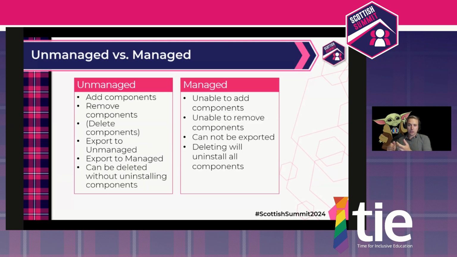We can export the unmanaged solution both as managed and unmanaged. And if the unmanaged solution is deleted, the underlying or containing components will not be uninstalled. So they will still be in the environment, even though they might not be part of a solution. So it makes it harder to find them, to really know which configuration or customizations you have.